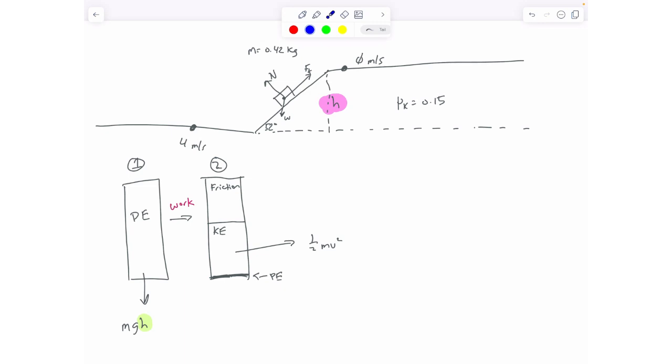Well, you could say half of 16 is 8, and then 8 times 0.42, and you get 3.36 joules. So I don't know how much the potential energy is, but I know the kinetic energy is 3.36 joules, right? Let's write that here as well, 3.36. Perfect.